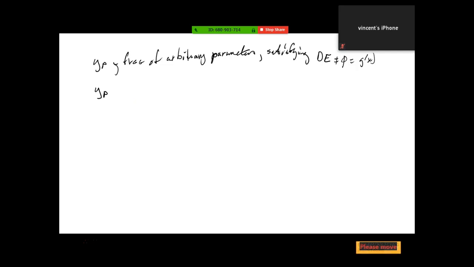That is a particular solution. What that means is it doesn't have an arbitrary coefficient, but it is a particular solution with no coefficients.